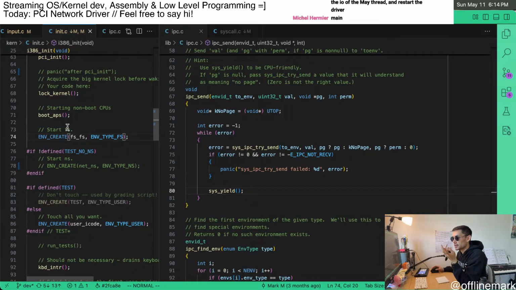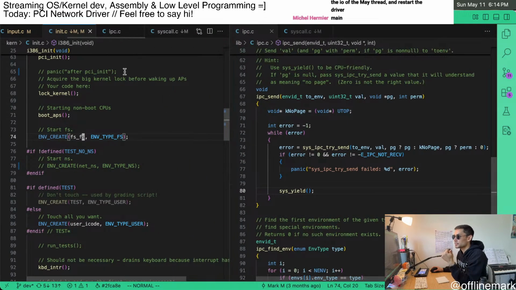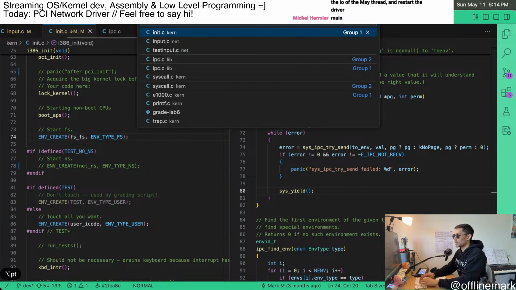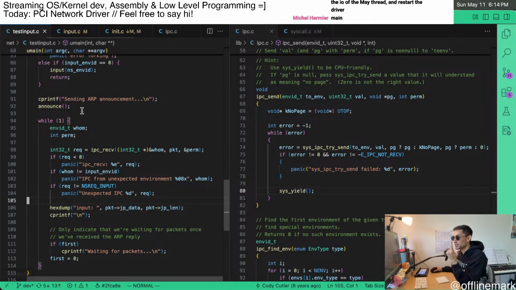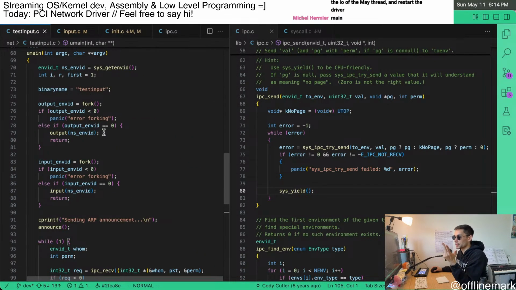Okay, so actually what processes are running? There's the file system server. There is the test input process. And then there's these two child processes, the output and the input. I think they are even literally there in that order in the list of processes.